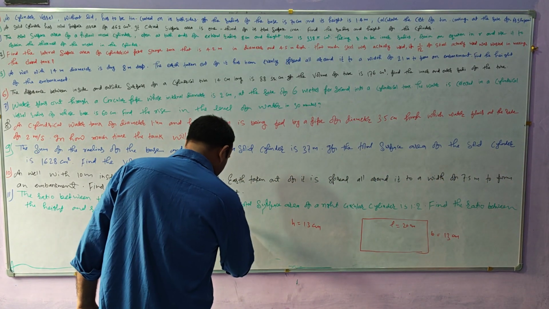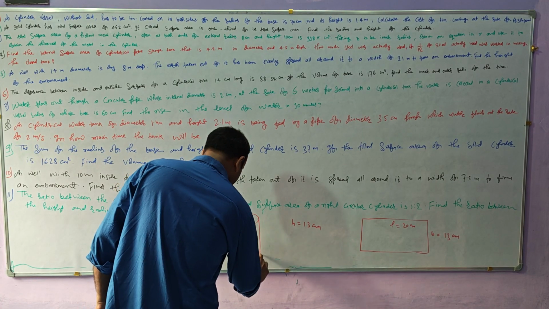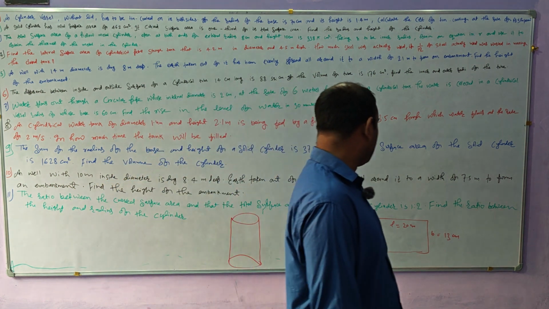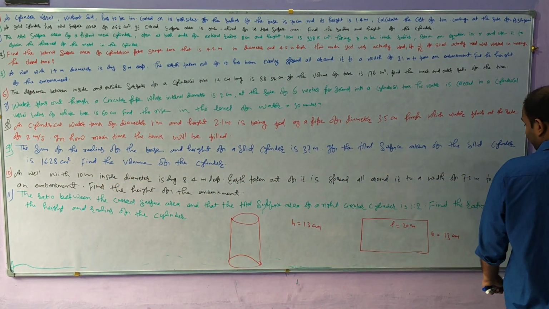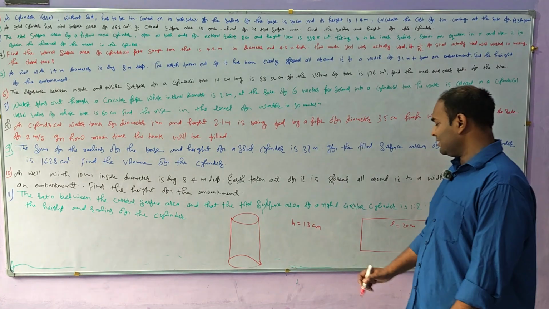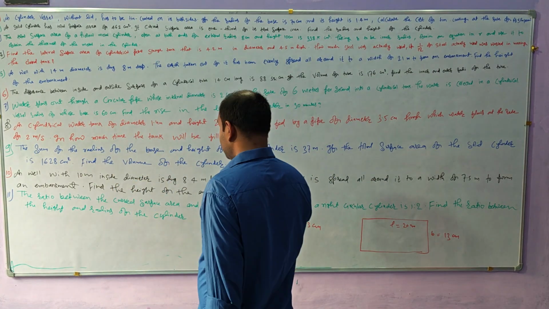So we get a cylinder of height 13 centimeter with a circular base formed by that length.